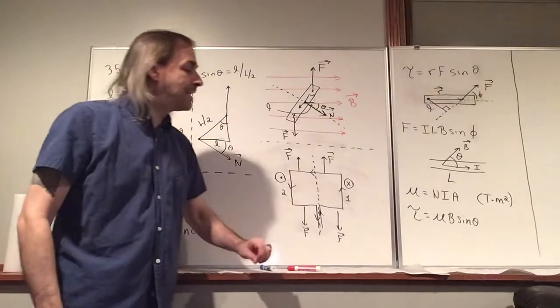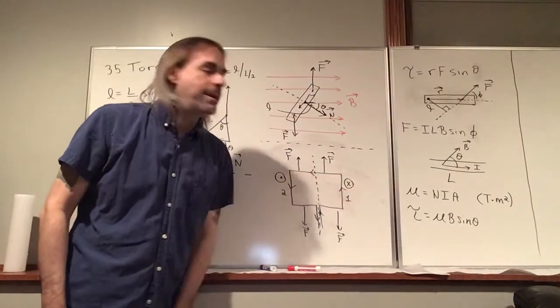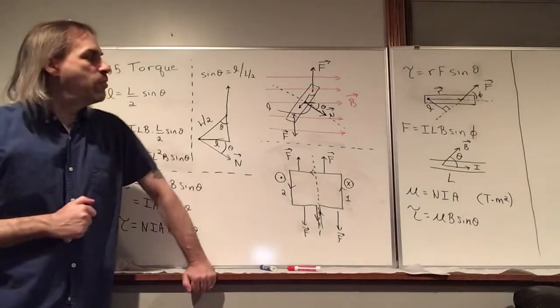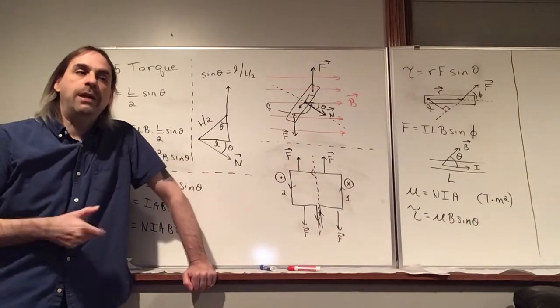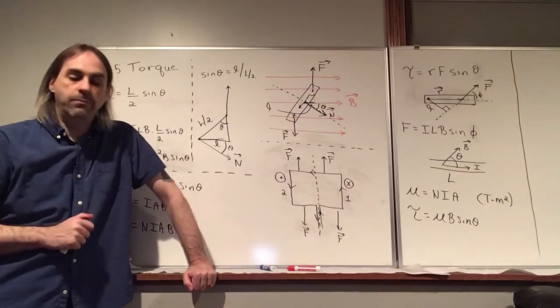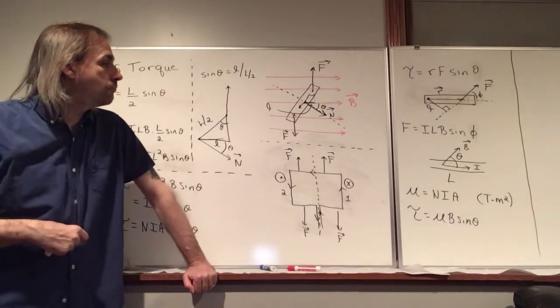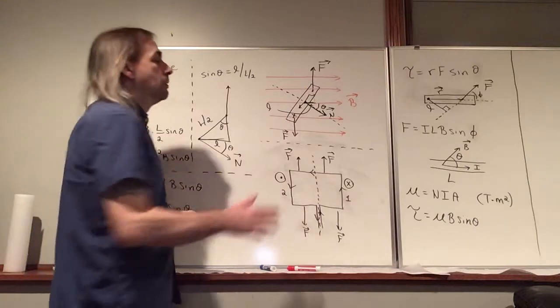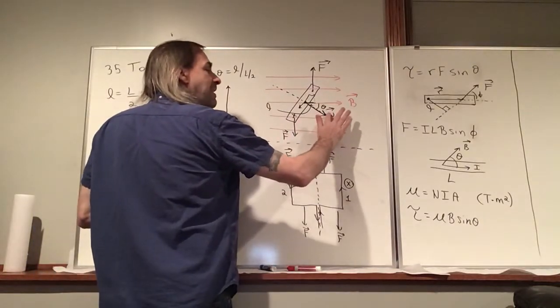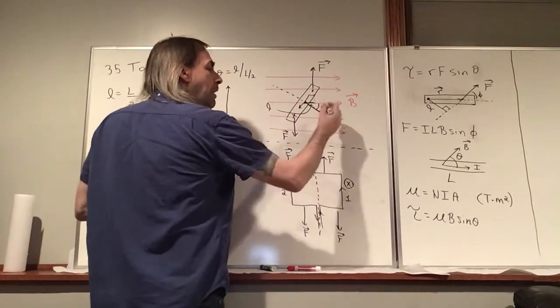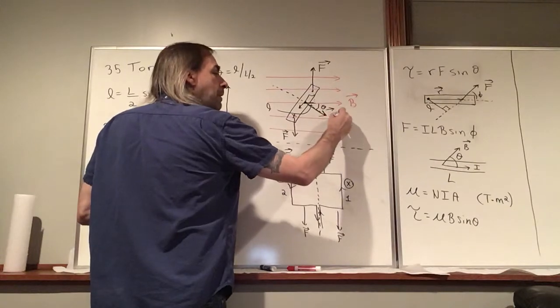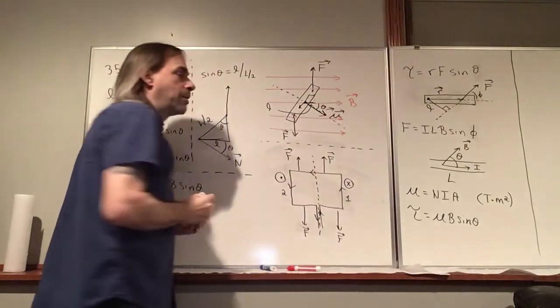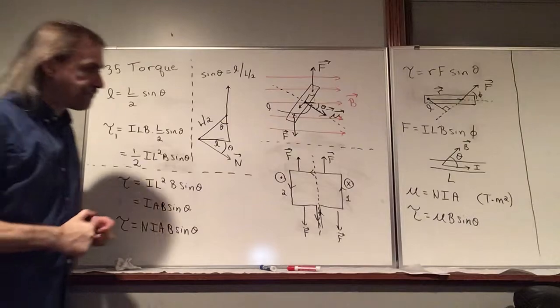Now I want to talk about this angle. I defined the magnetic moment here. The magnetic moment is actually a vector, and so it has a direction. Earlier I drew this as a normal vector. I'm going to relabel this as the magnetic moment vector.